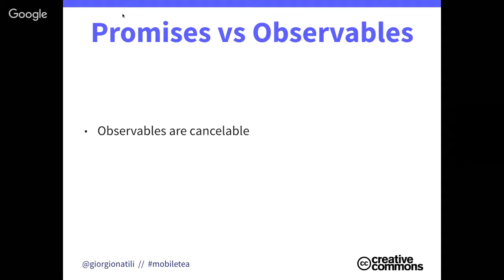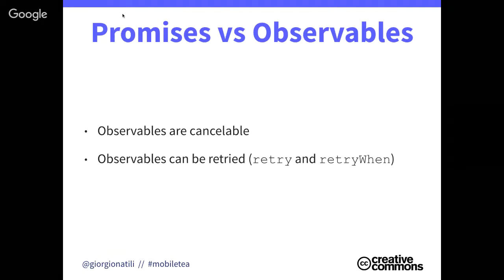You know that observables are cancelable. You can cancel, and you can also cancel the ongoing request and stream of data. And the last thing that is very important to me: you can retry an observable.